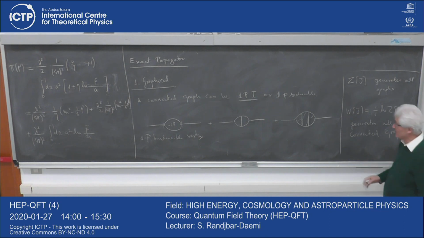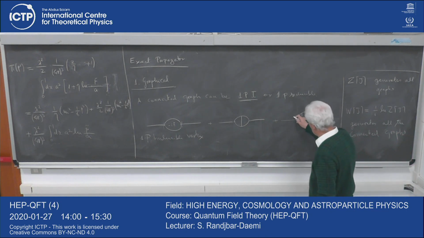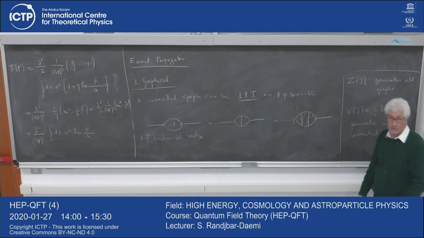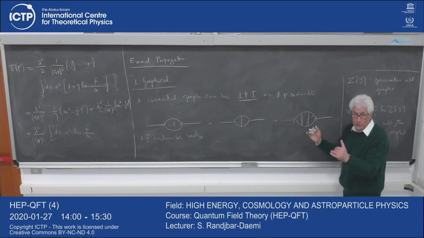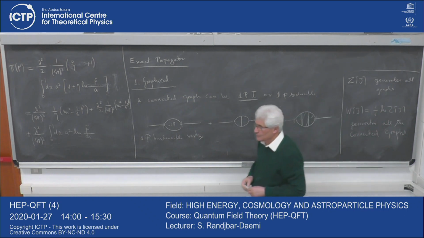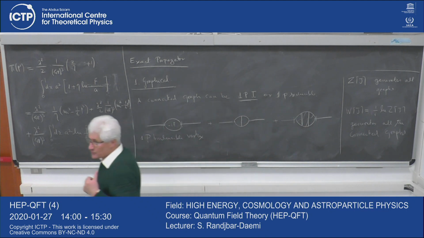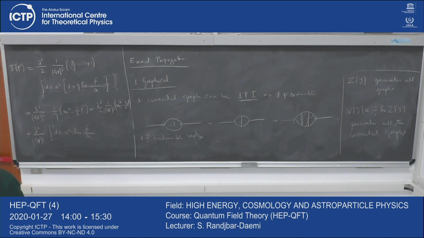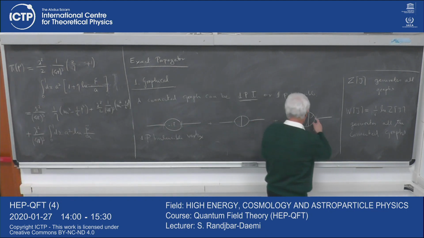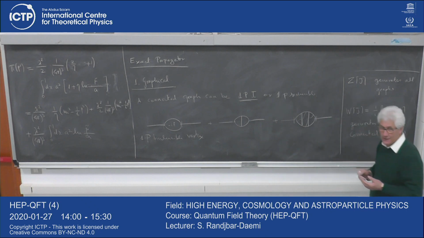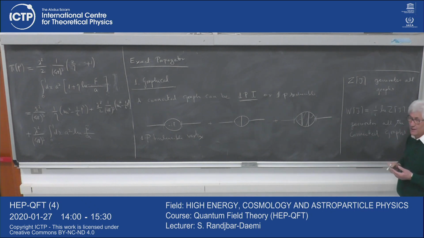You can make it as complicated as you like. This piece is called irreducible vertex, 2-point irreducible, because it has 2 free ends to which you can attach. So, these are the objects which carry actually all the useful information.